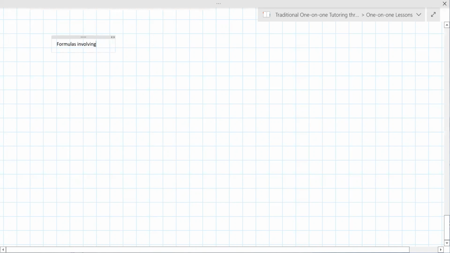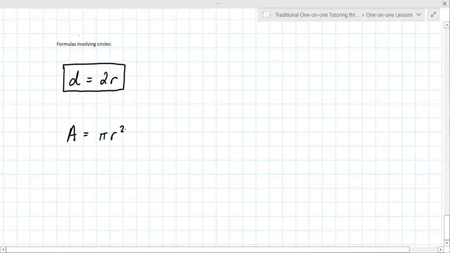Formulas involving circles. I already mentioned one of them, and there are a couple. The one we mentioned starting out is that the diameter is 2 times the radius. You started to give me one of the formulas, which is area is pi r squared.